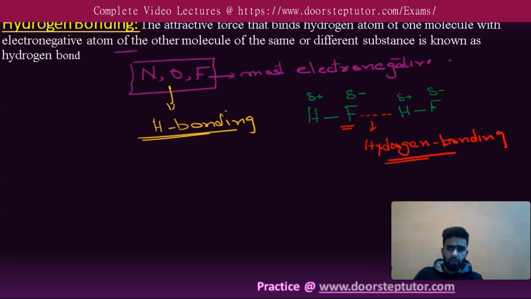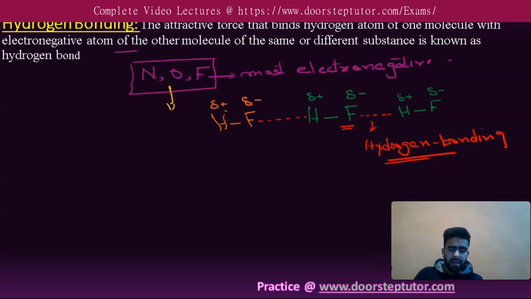In the same way, suppose another molecule of HF comes. Fluorine gets delta negative and hydrogen gets delta positive charge. Since hydrogen and fluorine are close to each other, an interaction happens, and this interaction is called hydrogen bonding.